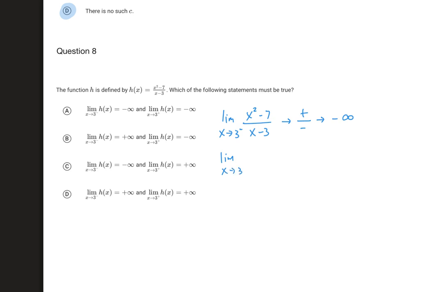Okay, we'll do the same thing from the right. If you plug in values a little bit more than 3, like 3.1, 3.01, 3.001, the bottom is always positive, right? The bottom is always a little bit bigger than 3, and when you subtract 3, that's going to be positive.